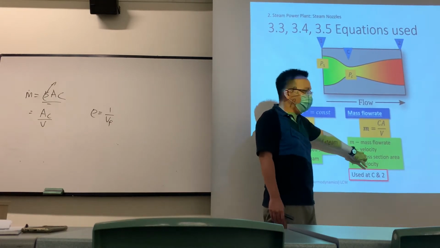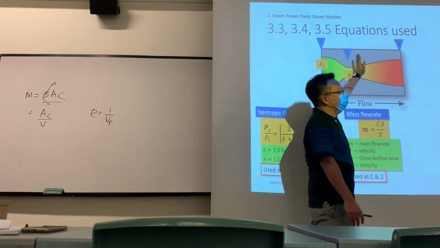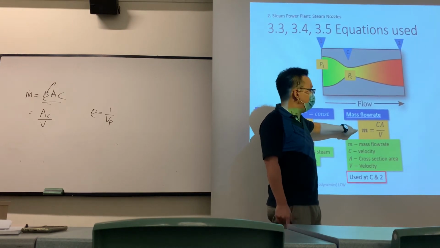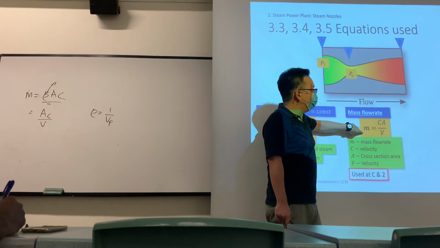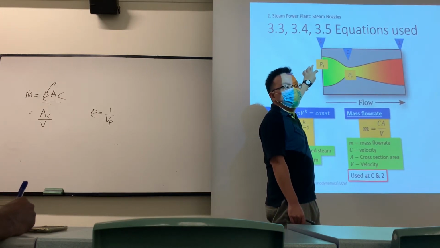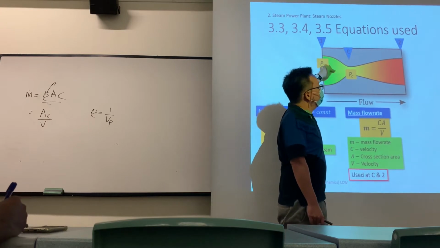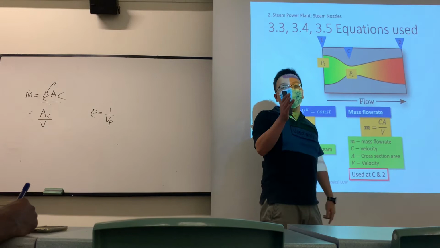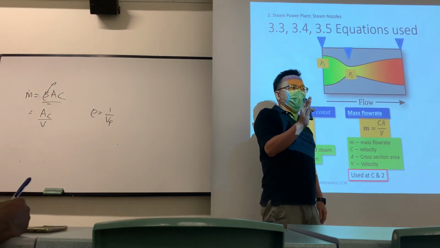It can only be valid for the throat and outlet. So I'm stressing this part. But if you calculate the mass here, is it equal to the mass at the inlet? Yes, because the mass flowing throughout is equal to the mass going in. Understand what I'm saying? Sure?